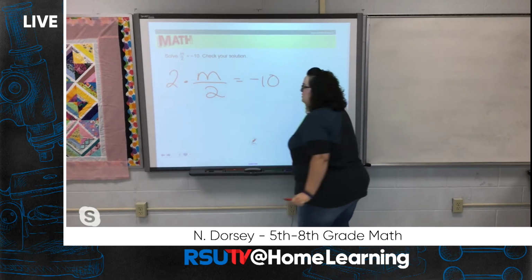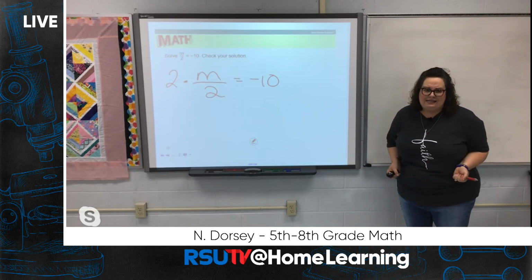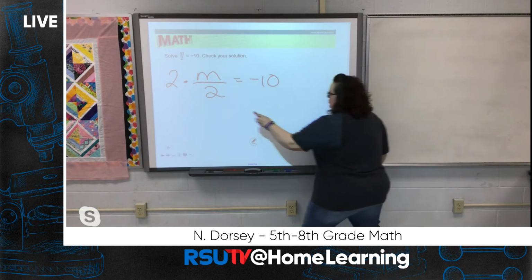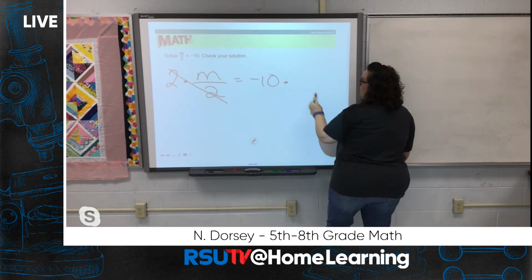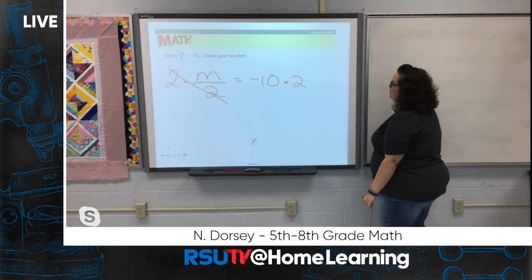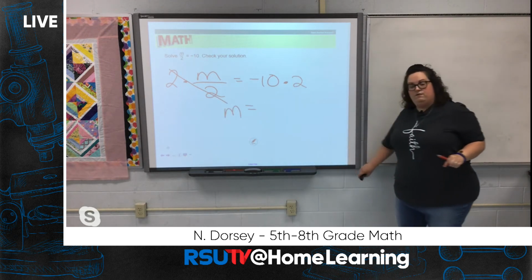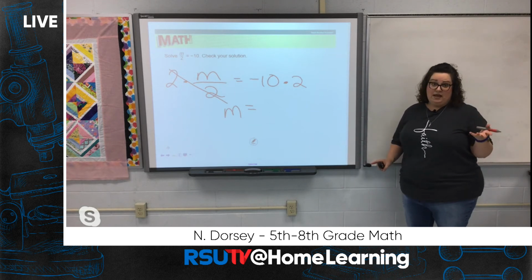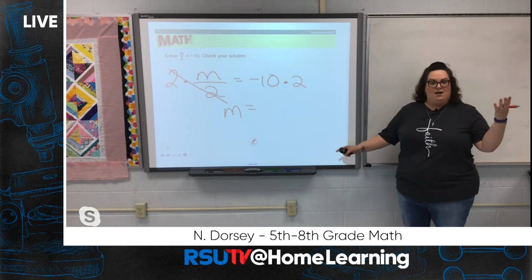Don't forget to use the dot for your multiplication symbol. Do not use the X. I know it's a hard habit to get out of, but you've got to do it. So that's going to cross out. And now I've got room to do what I normally do over here because I don't have a funny joke. So now we've got m equals, and think of your integer rules with multiplication and division because they're the same. Negative 10 times 2 is negative 20.